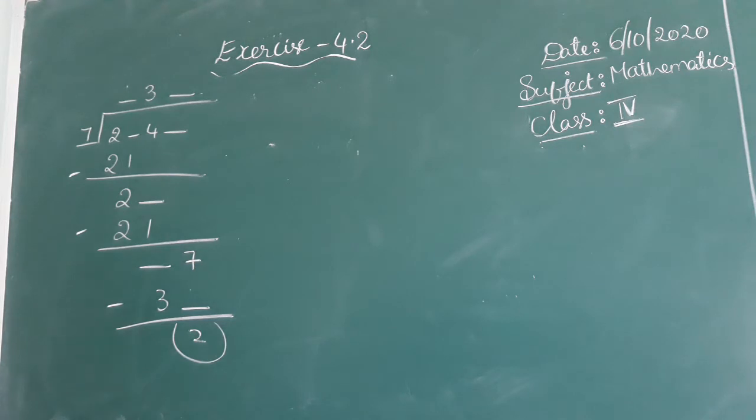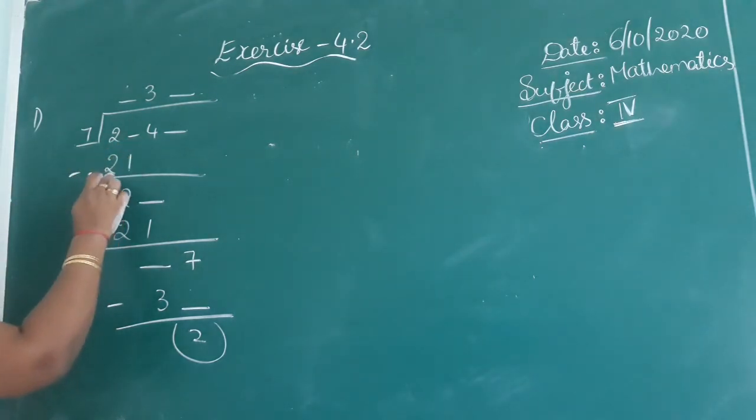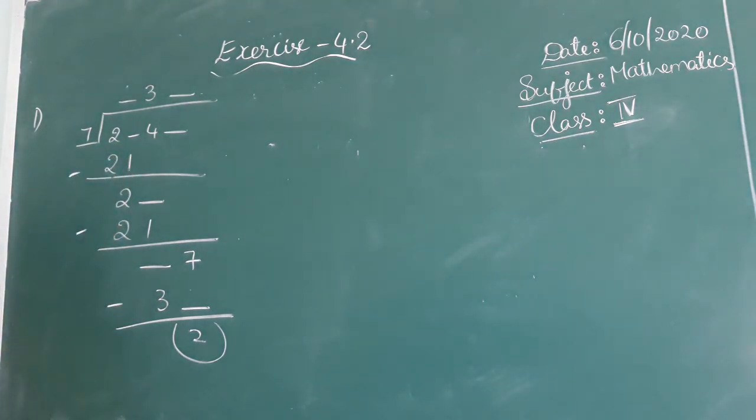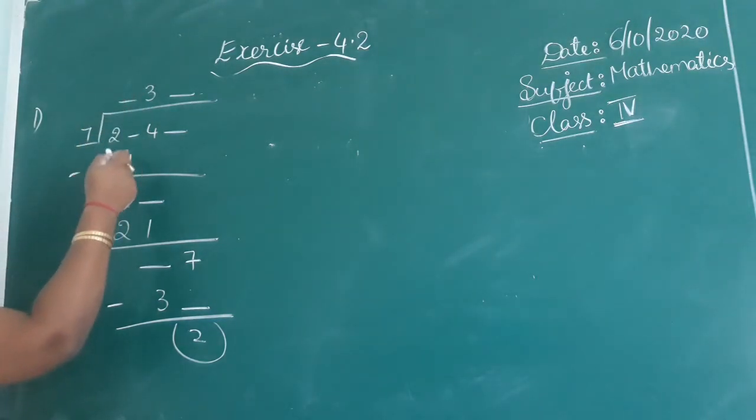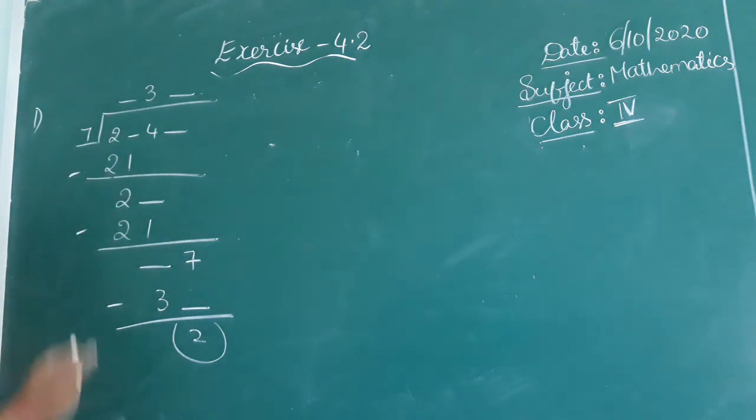See that, in the 7 table, you have to choose which comes nearer to that number. Here in the 7 table, 21 they gave us, 7 threes are 21. So if you write 3 times, you have to subtract, and you have to get 2. That means you have to add 21 plus 2.